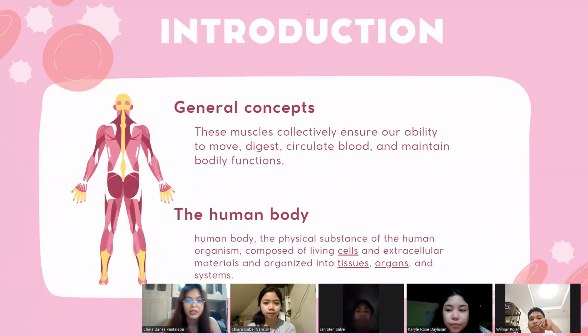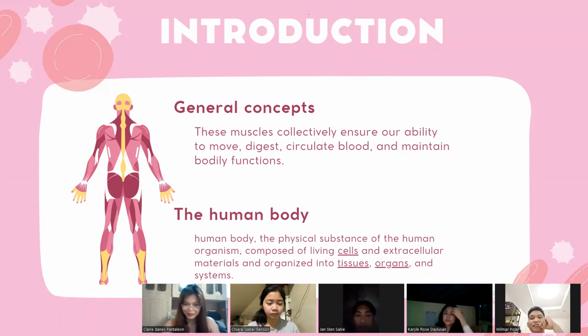Okay, the introduction. So the general concepts. These muscles collectively ensure our ability to move, digest, and of course circulate blood and maintain bodily functions. Now, Mr. Pular, can you please read the human body? Mr. Pular, you are on mute.